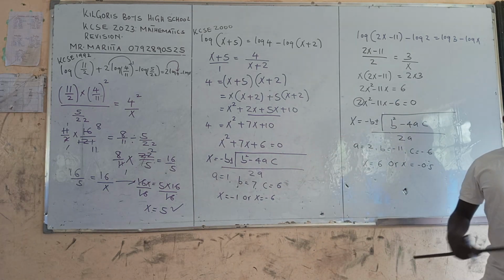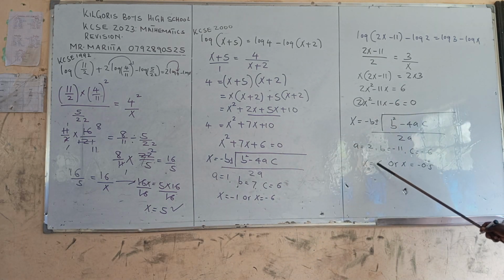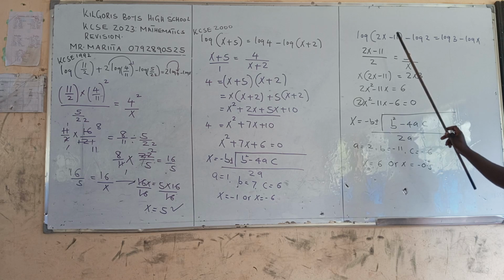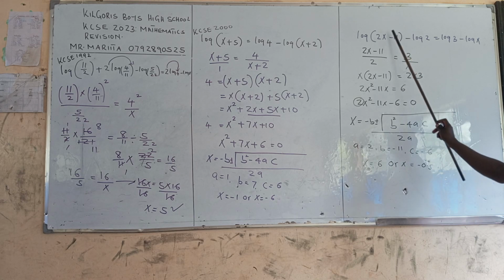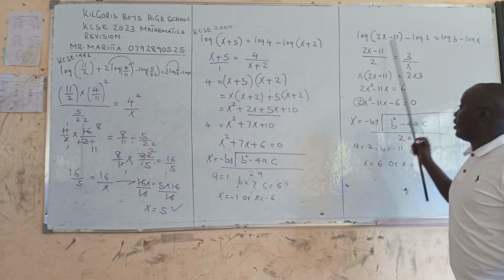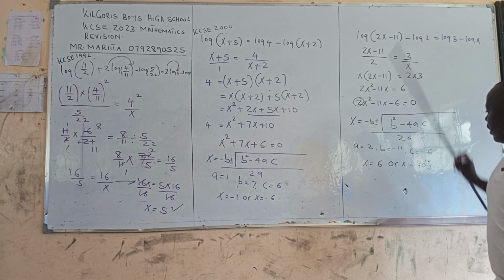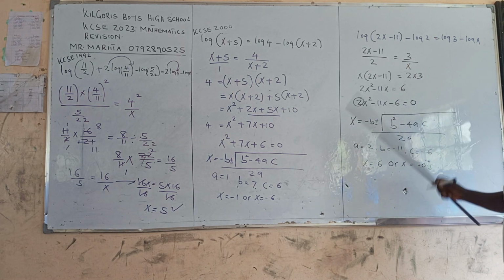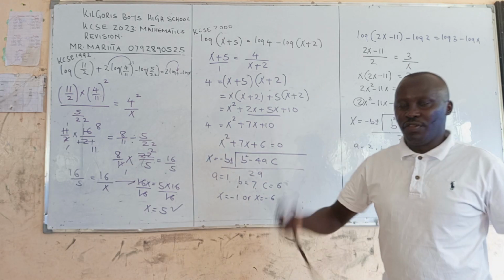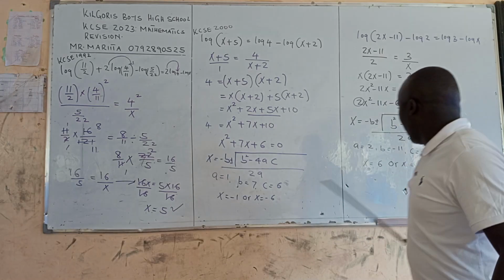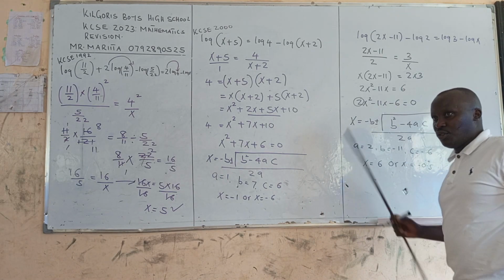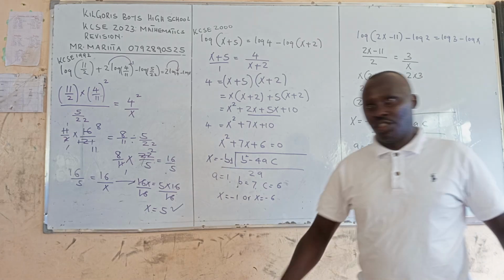So what do you normally do? You test. Where there is x, you substitute 6. And if the right hand side is equivalent to the left hand side, then x equal to 6 satisfies the equation.